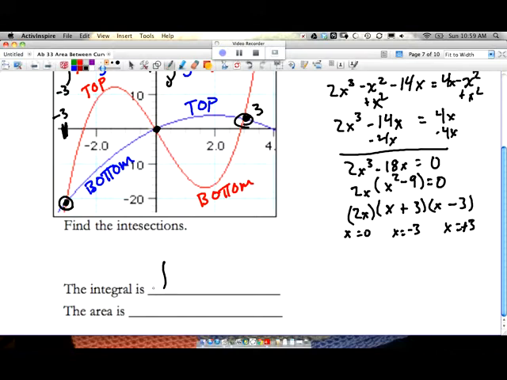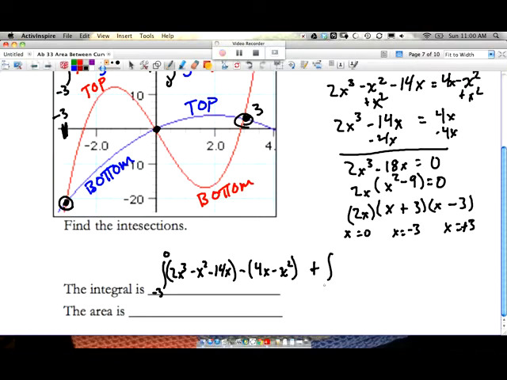So the integral would be, formally here, negative 3 to 0 of the top minus bottom, which is 2x cubed minus x squared minus 14x, then minus the bottom, which in this case is 4x minus x squared.